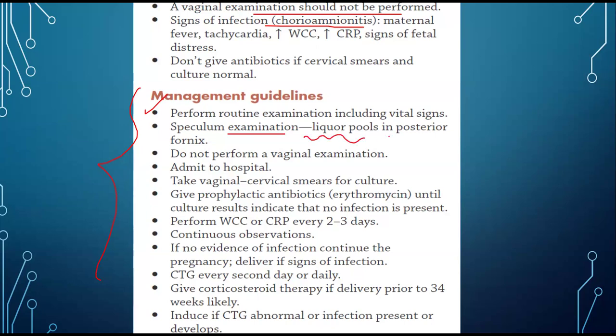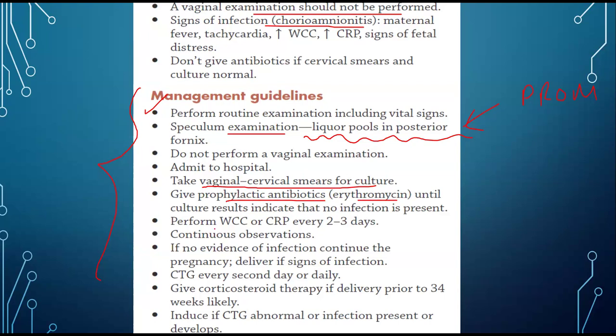If the question says there is pooling of liquor in posterior fornix, that's amniotic fluid, and that means premature rupture of membrane. So during a speculum exam, you take a vaginal or cervical swab for microscopy and culture. Once the swab is taken, then you start prophylactic antibiotic, likely erythromycin, until the culture result is back.